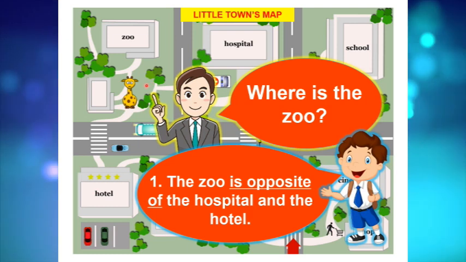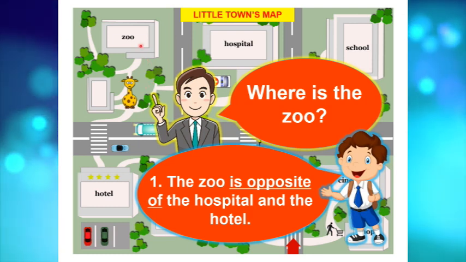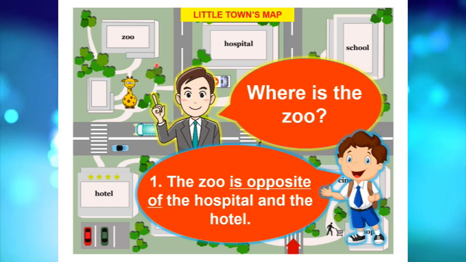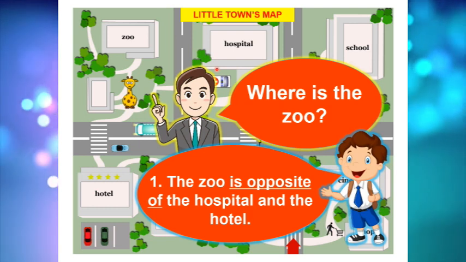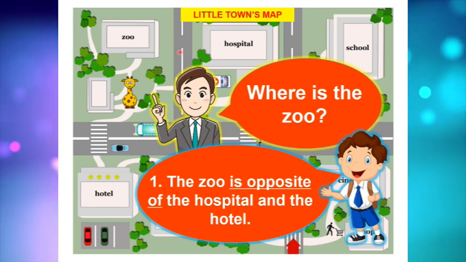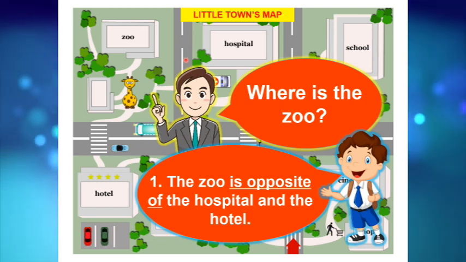So as you can see in the map, the zoo is in this corner and it is opposite of the hospital because there's a street between them.